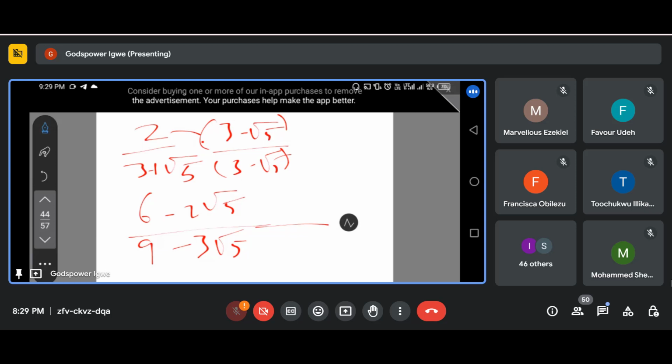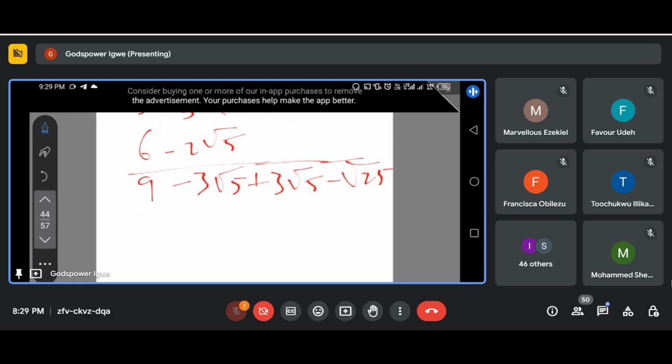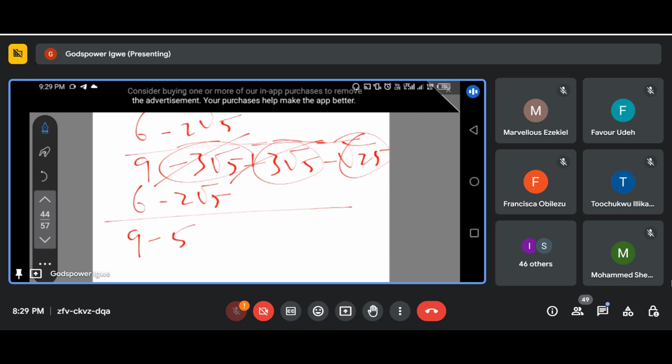Then root 5 times root 5 gives root 25, which is 5. So we have 6 minus 2 root 5 on top. At the bottom, the minus 3 root 5 and plus 3 root 5 cancel out, so we have 9 minus the square root of 25, which is 5.